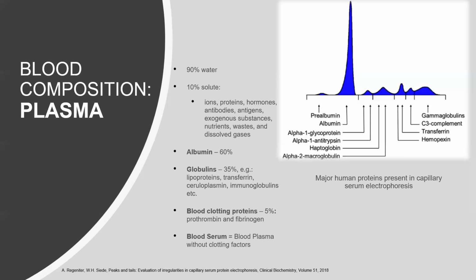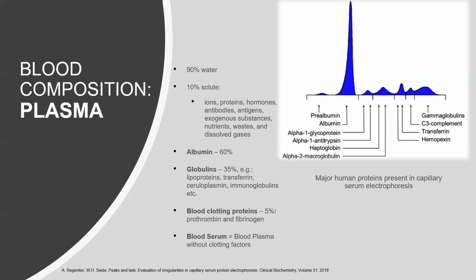We said that blood has a very huge role in the immune system, right? So blood plasma actually carries those antibodies and antigens, exogenous substances such as drugs and microorganisms, for example, right?